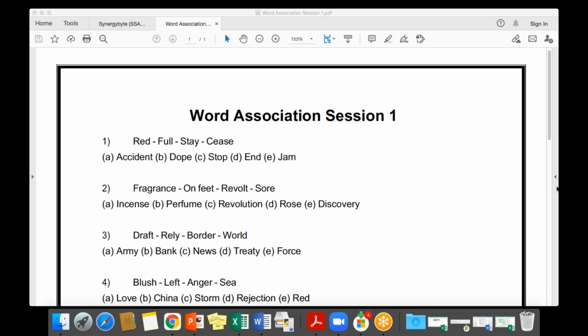Akshita, Sanjot, Ishan, is it clear? Perfect. Moving to question number 3: draft, rely, border, and world. These will go with which word out of army, bank, news, treaty, and force?